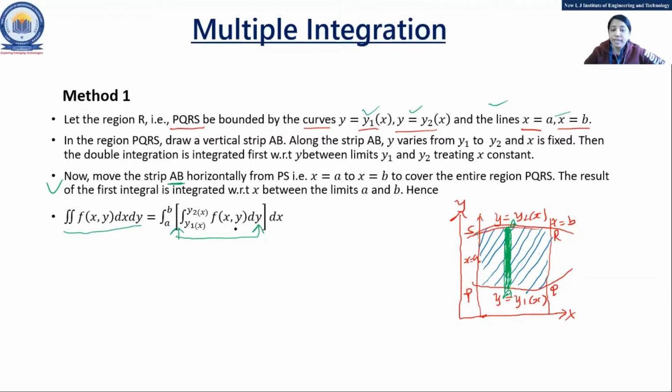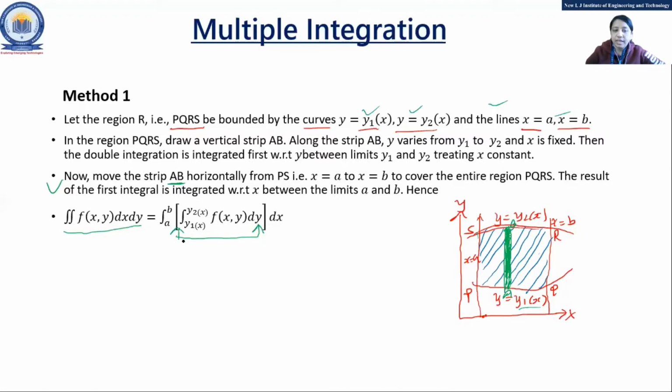Now what are the limits there? y1(x), y2(x), because y will be varied from y1 of x to y2 of x. So here, after that what? We are moving this vertical strip from x equal to A to x equal to B. So it will cover the entire region PQRS, right?